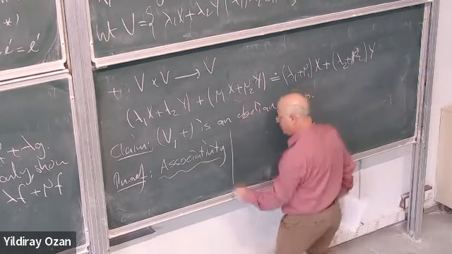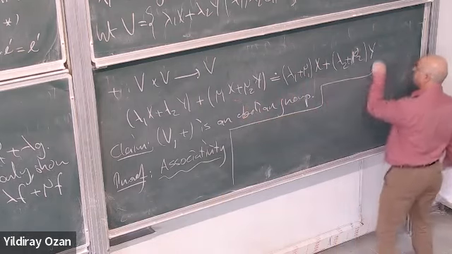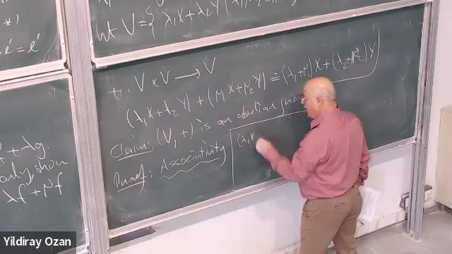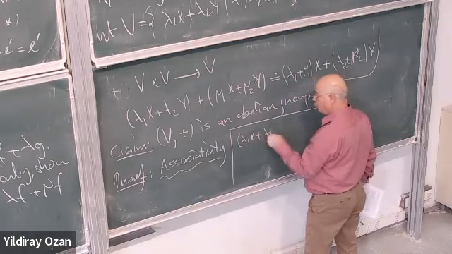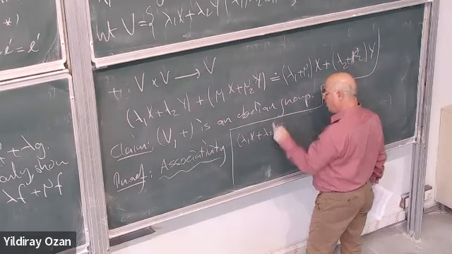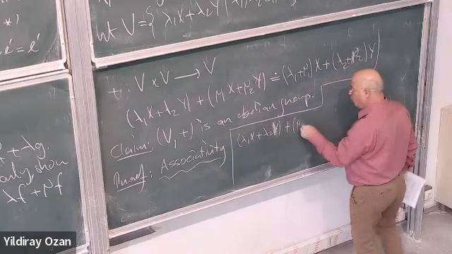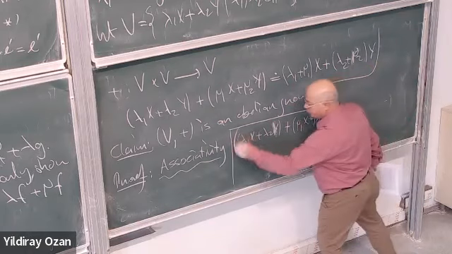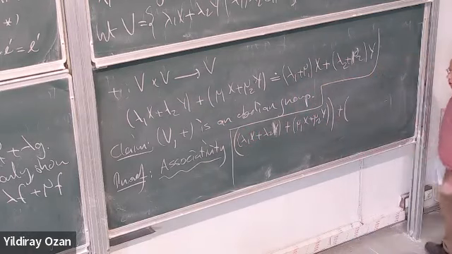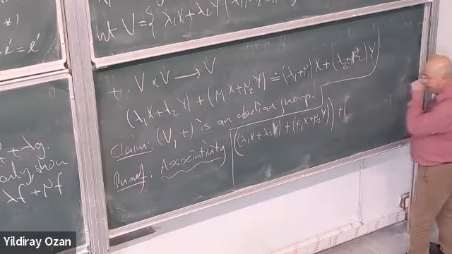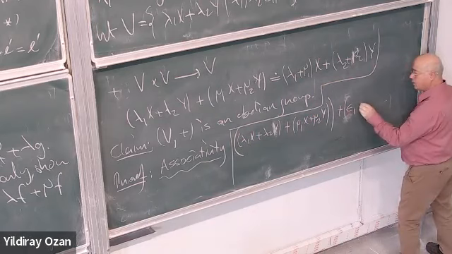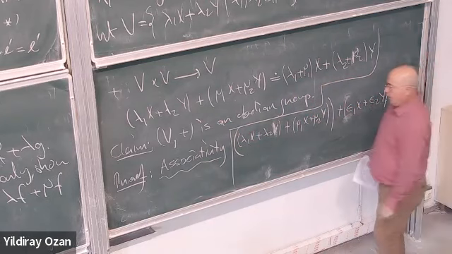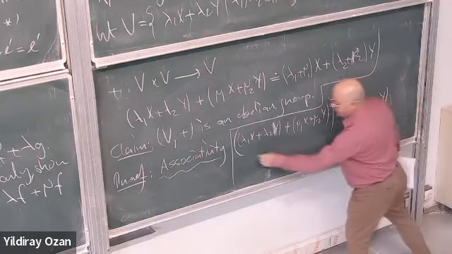Well, we must proceed as follows. Let's take three elements: lambda 1 x plus lambda 2 y, added to mu 1 x plus mu 2 y. I add these two, and then the third element is this one, let's say epsilon 1 x plus epsilon 2 y. Well, what is this?